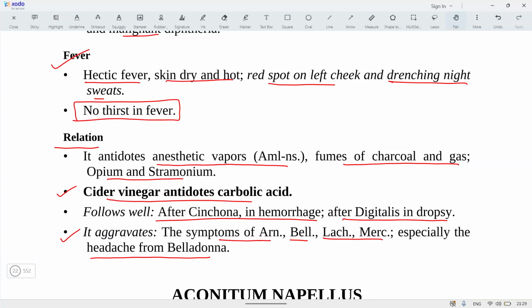So this was all about acetic acid. To gist acetic acid, you must remember there must be a history of any kind of blood loss or wasting diseases or a gross pathological situation where the patient feels very weak and emaciated, and because of that acetic acid is known as a great prostrated remedy.